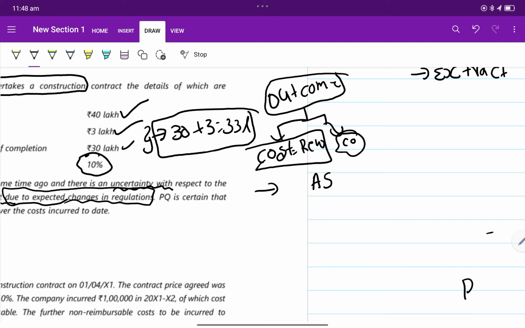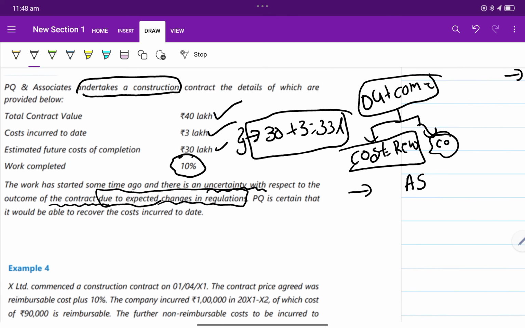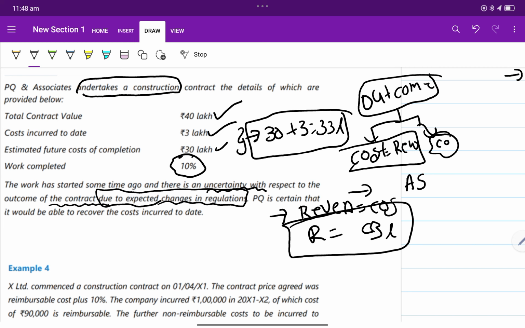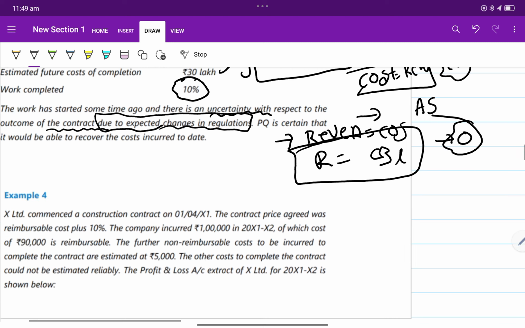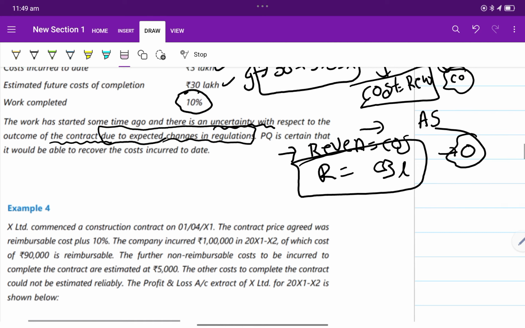So as per that, in the given question, the outcome of the contract is not certain, so the revenue of the contract is equal to cost, Nana. So revenue is equal to cost, that is 3 lakh rupees, Nana. So what is the profit or loss? 0 rupees. Cost is 3 lakh, revenue is 3 lakh, profit is 0 rupees. Okay, second question is completed.